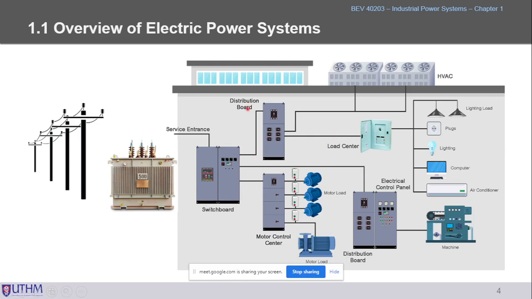So for example, you have another distribution board here. It will serve the common power applications, like the lightings. You have the sockets and plugs, and then you have the computers and the air conditioners. Okay? And another one could go to the load center, and the most common in the factory is one of the distributions going to the MCC, the motor control center.